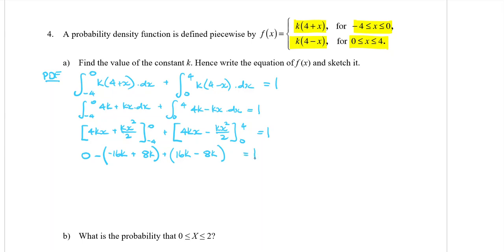Now see that first bracket? I have to be careful with those minus signs. That minus at the front needs to come in. So I would get a positive 16k minus 8k, and 16 minus 8, that's a plus 8k, is equal to 1. Oh, they just cancel out. I just get 16k equals 1, which means k is equal to 1/16.